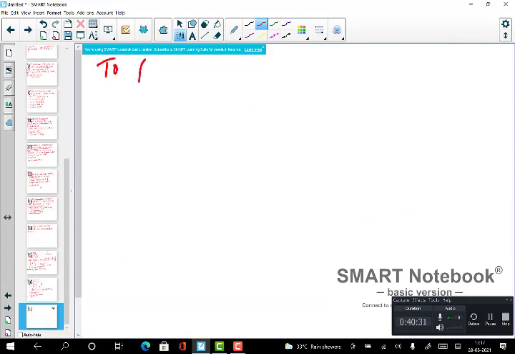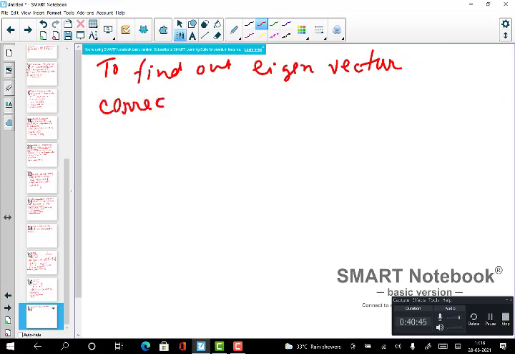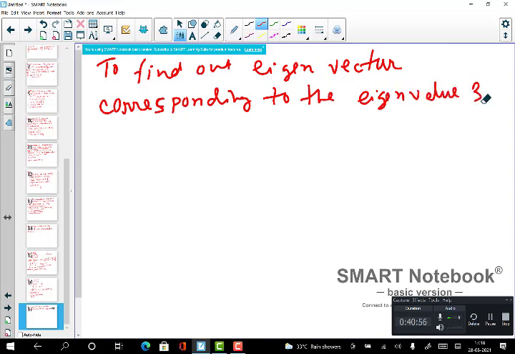To find the eigenvectors corresponding to the eigenvalue 3, we know that an eigenvector satisfies AV equal to cV.